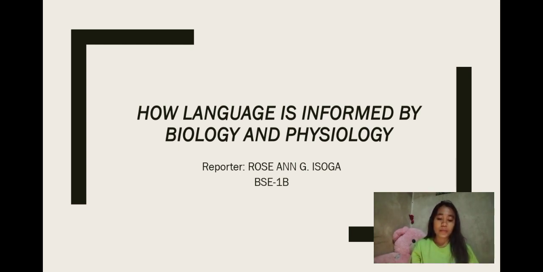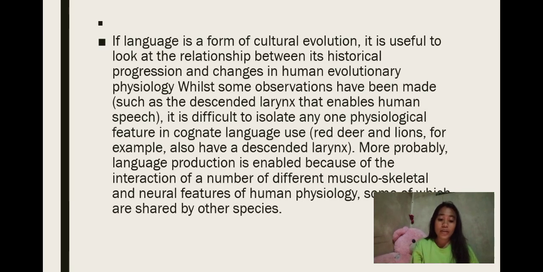Can you see the PowerPoint? If language is a form of cultural evolution, it is useful to look at the relationship between its historical progression and changes in human evolutionary physiology.